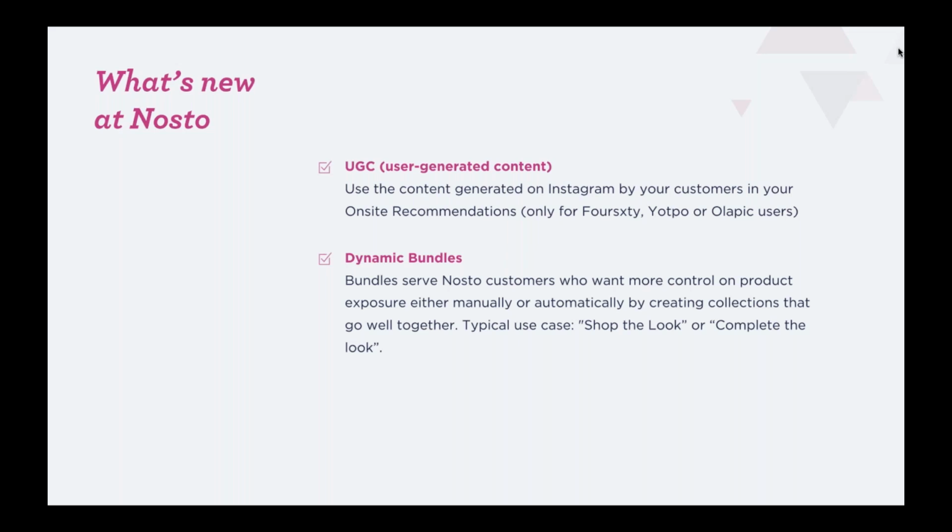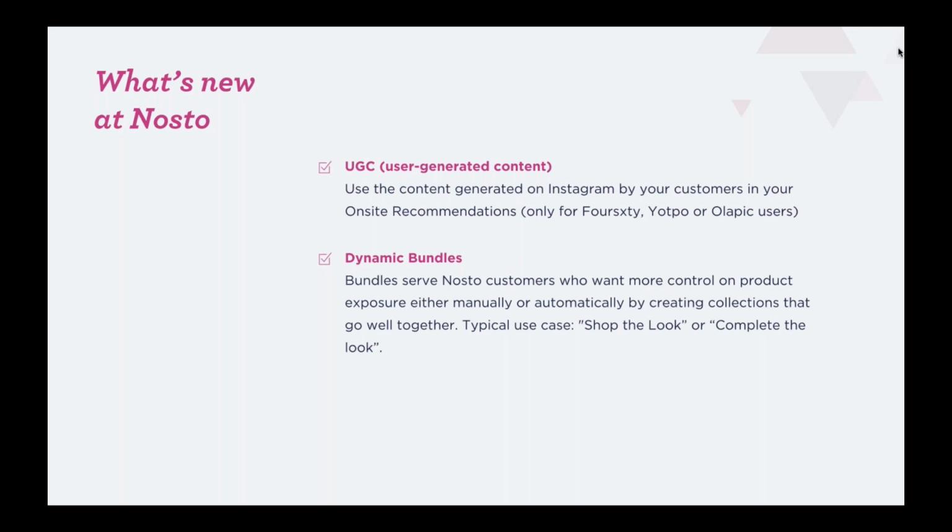They offer you a bit of control over what product or what category of products to show in the recommendations. The typical title for this kind of recommendation is "Shop the Look" or "Complete the Look." I'm sure you've seen it in different stores.